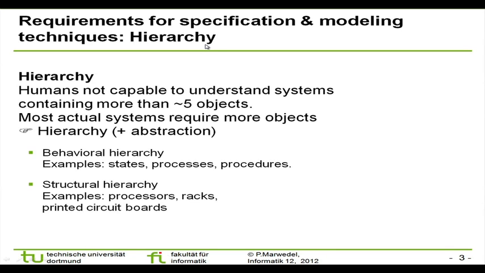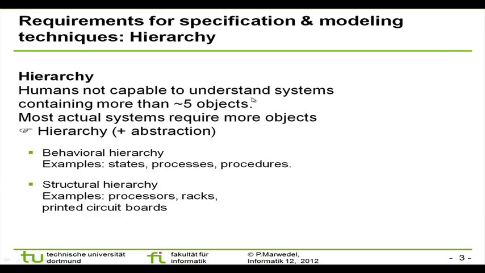Now, the formal models, several models have been created for embedded system design. Some of the properties which are desirable for this modeling, first is the hierarchy. Okay. It is said that also from the cognition point of view, if I go on telling you more than 5 digit numbers, or plus minus 2, so 5 to 7 numbers, each of 5 digit maybe, after a while, after 5 such numbers, you will not be able to recall them.